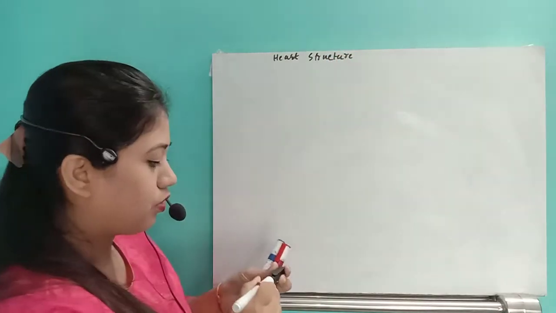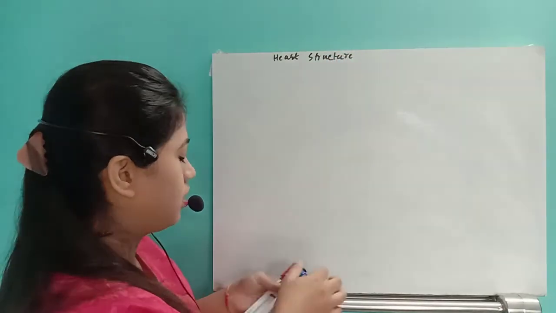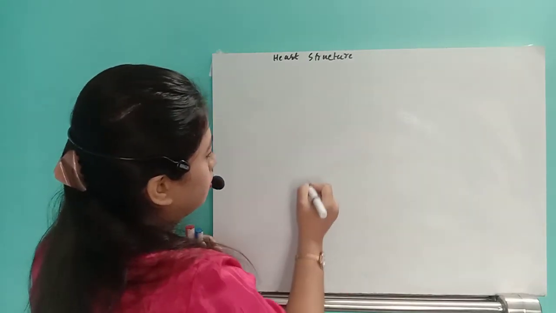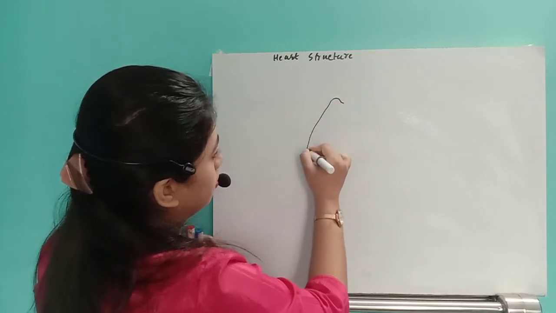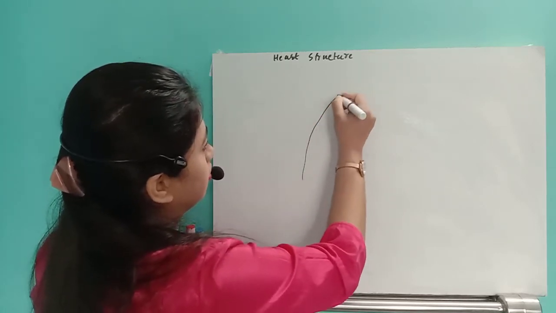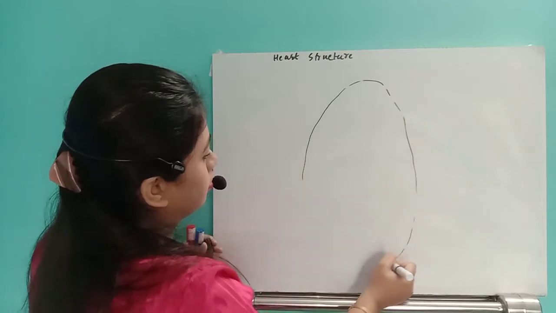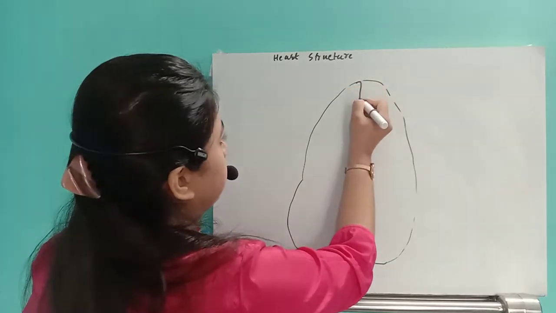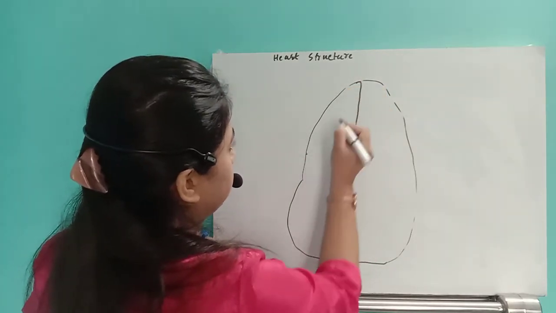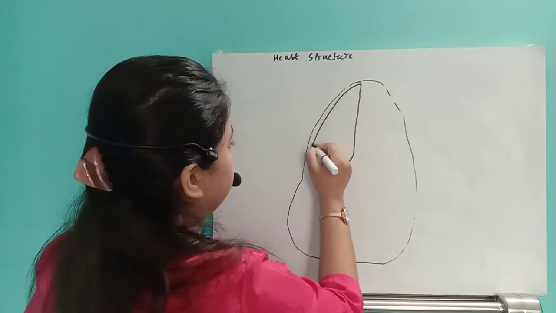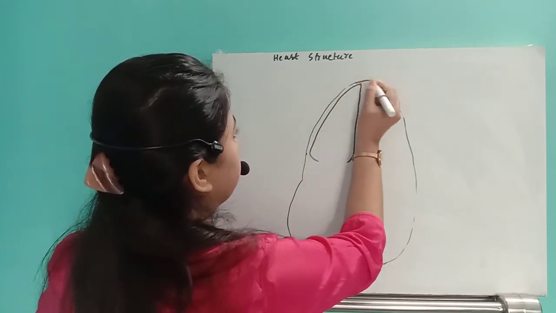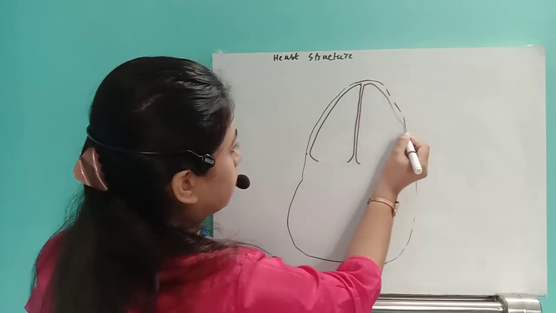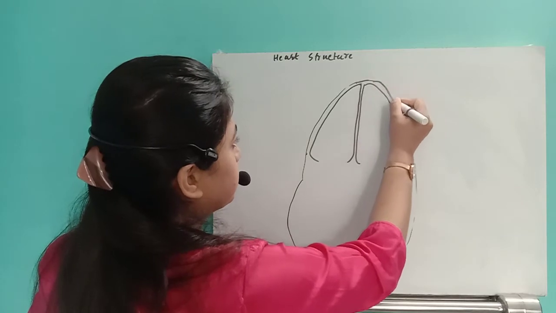First of all, whenever you see the heart, in the middle I am writing here. These are the two auricles. Two auricles are present above.